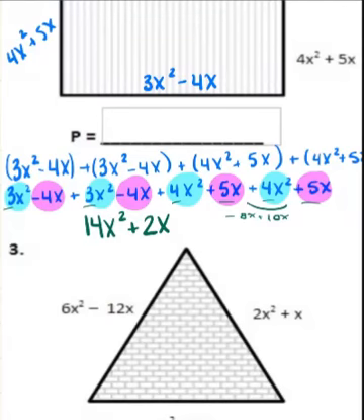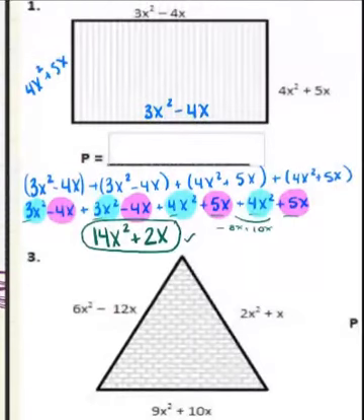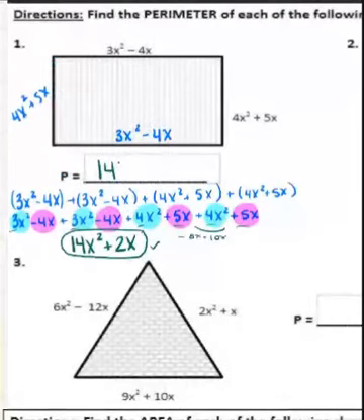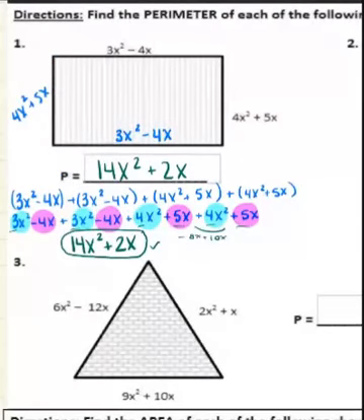There's no more simplifying that can be done here. This is in simplest terms. It's in standard form. So that itself is the perimeter of your rectangle. That's your number 1, 14x squared plus 2x. That's your perimeter. That's how much it would take to get around that rectangle.